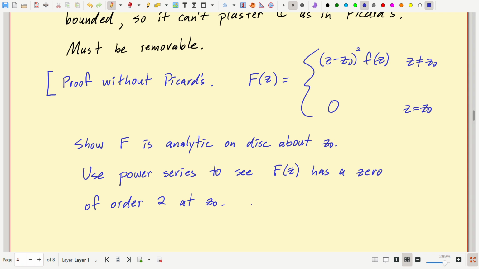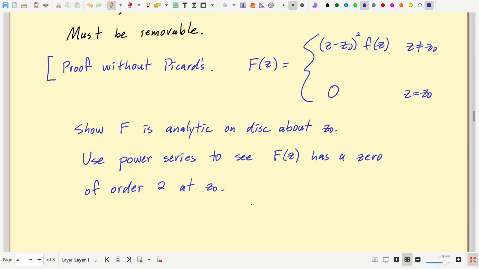And then when you divide by z minus z naught squared, you'll see that f is equal to a power series. And you'll be done. So that would be a rigorous proof that doesn't use the killer theorem of Picard's.